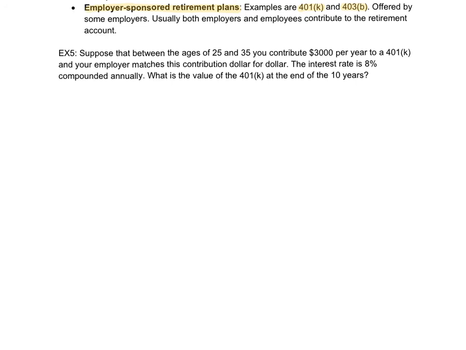So first of all, what is P? You're contributing $3,000 per year. So that would be your P. And here, since it's per year, N is equal to 1. So that's yearly. That would be the more simple formula that we first started out with.